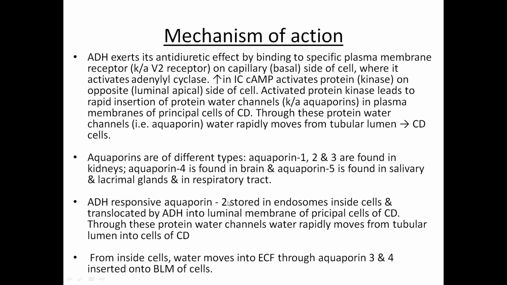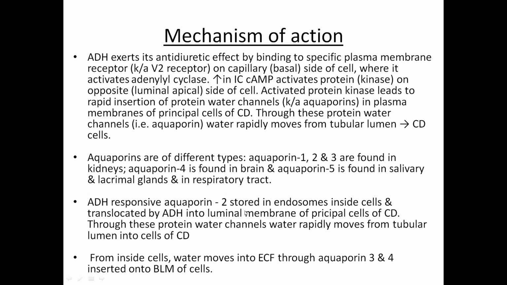Okay, so first is the role of aquaporin 2, which is translocated into the luminal membrane of the principal cells. And then through this, the water will move from tubular lumen into the cells of collecting duct. Now from inside of those cells, water will now move to the ECF, and that will occur through aquaporin 3 and 4, which is in the basolateral membrane.